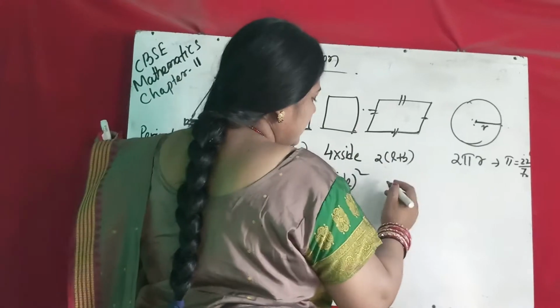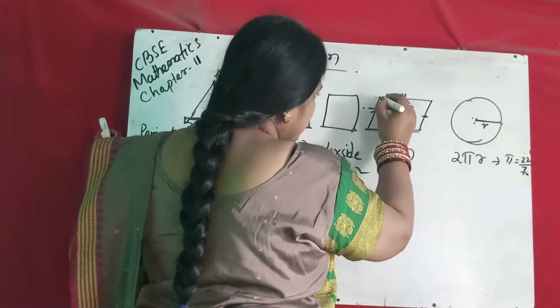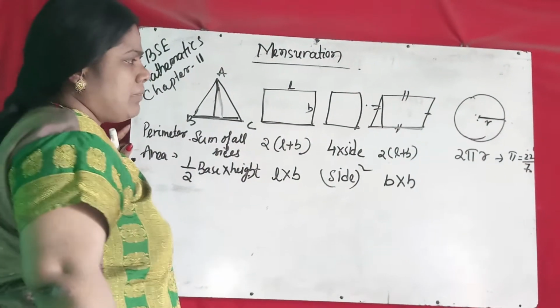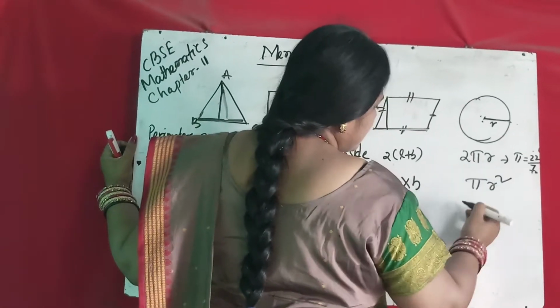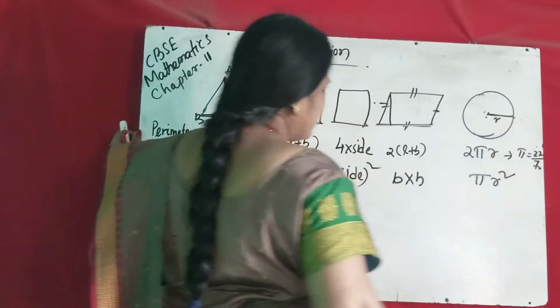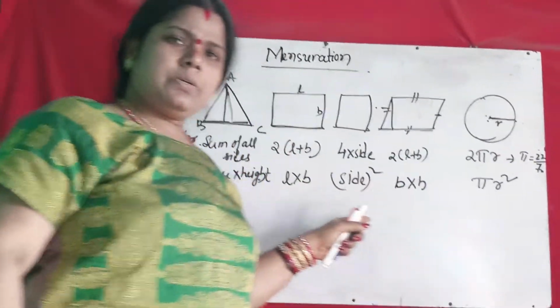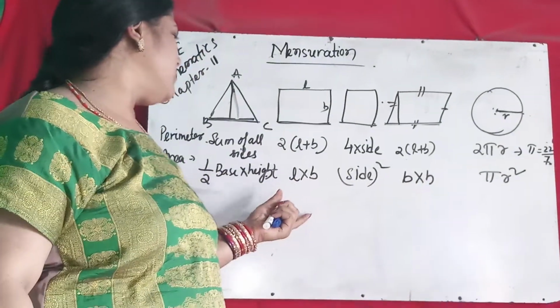For a parallelogram, if a base and one height are given, then base into height. In a circle, pi r square. So you have to remember these formulas to solve problems based on this chapter, mensuration.